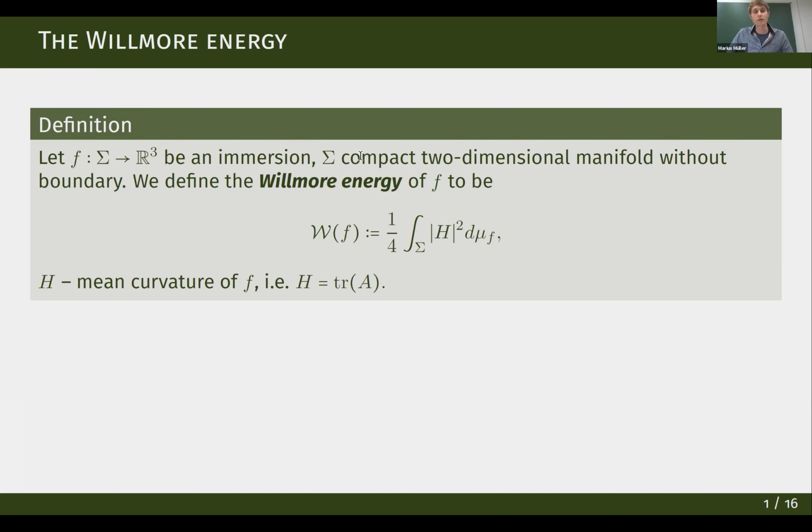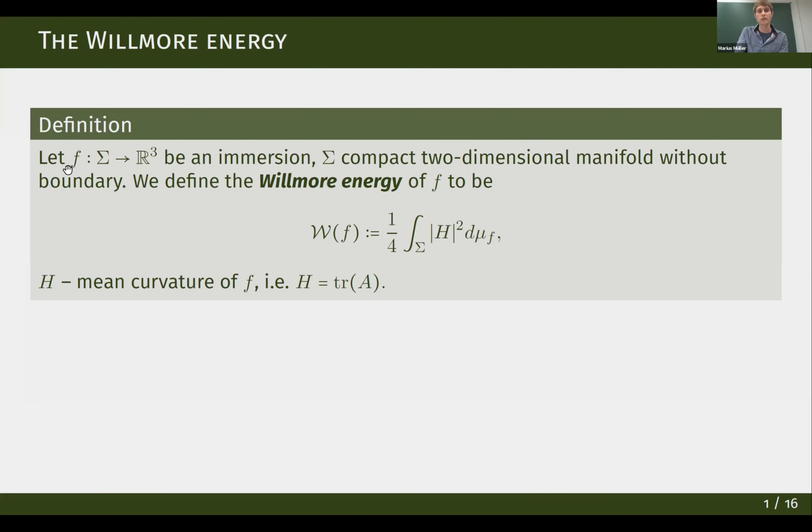Well, the Willmore flow is the gradient flow of the Willmore energy. So it's the L2 gradient flow of a geometric energy, namely this energy here, which you get if you take an immersion and you take its mean curvature and you integrate it over the whole surface, and this defines your Willmore energy.